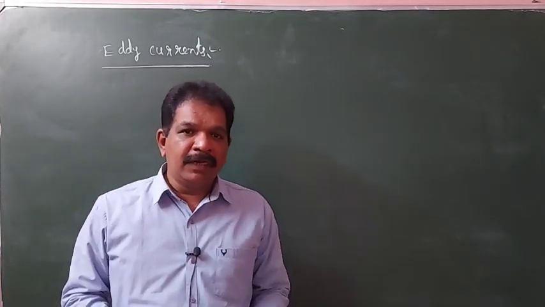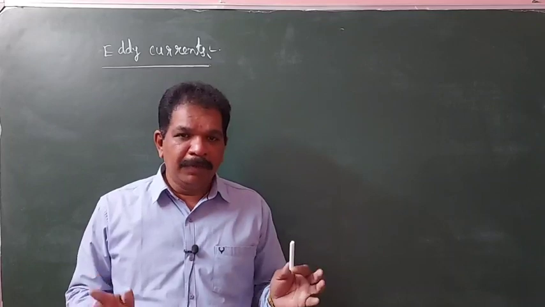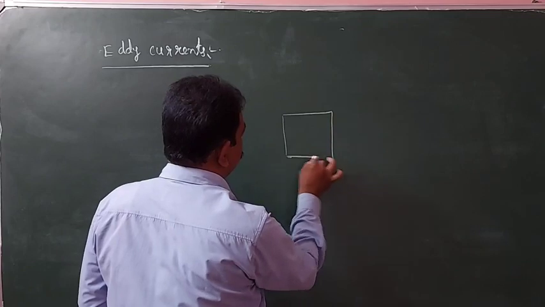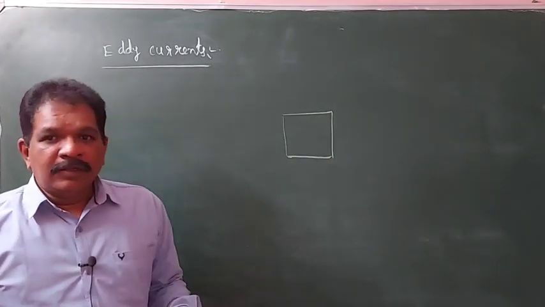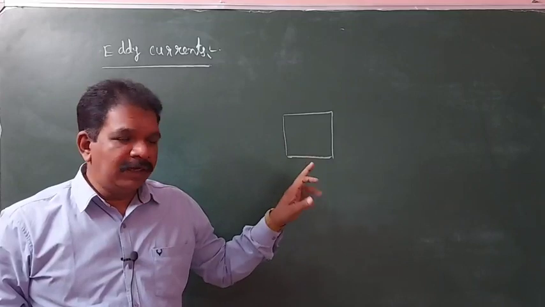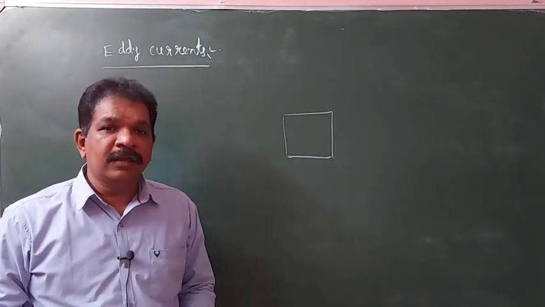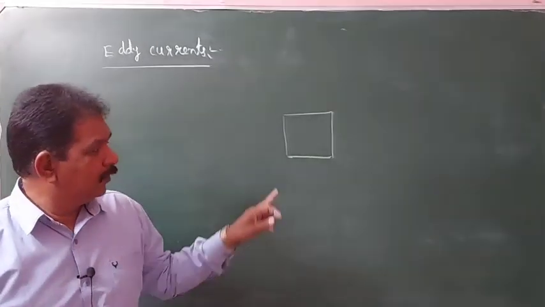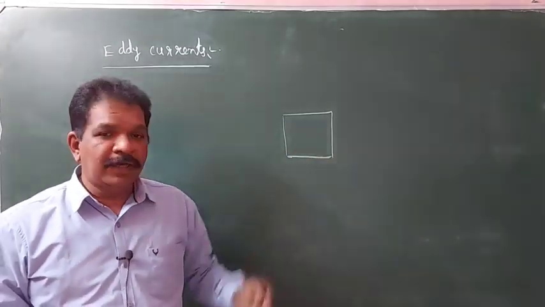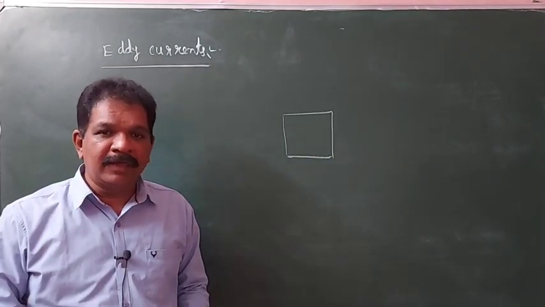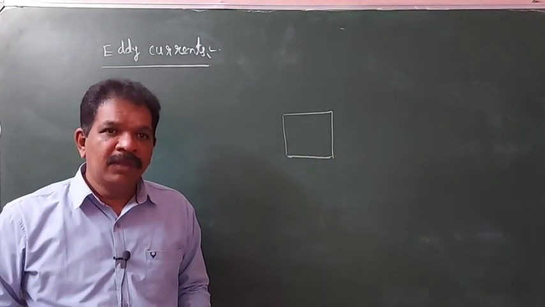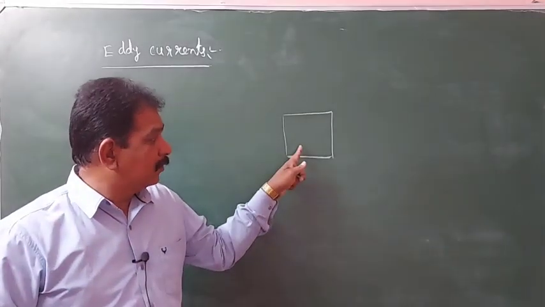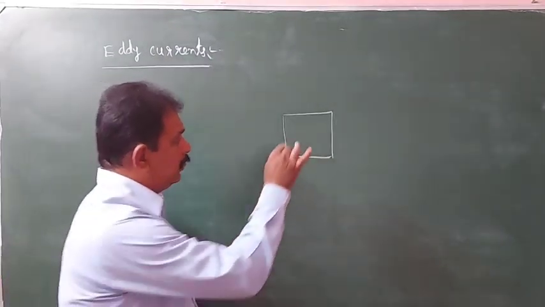One big metal block we are taking, one big metal block. In this region we will create a varying magnetic field. A time varying magnetic field means the magnetic induction is not the same. Magnetic induction is continuously varying. That magnetic field we are creating here.